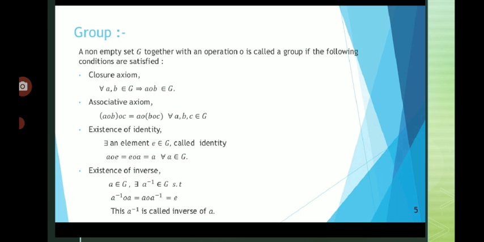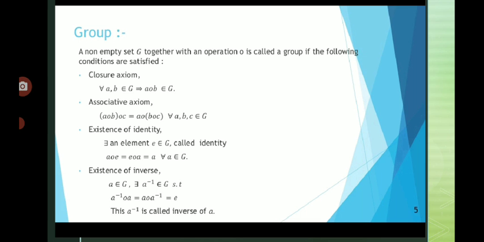The third one is the identity property. For every element A in G, there exists an element E in G such that A circle E equals E circle A equals A. Here E is called the identity element. This property is called the identity property. And the fourth one is the inverse property.